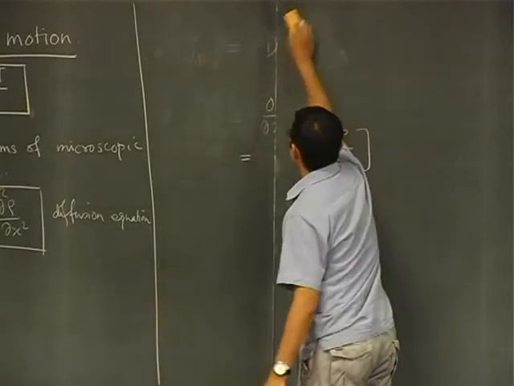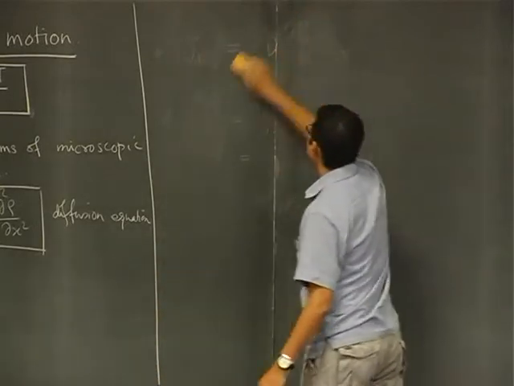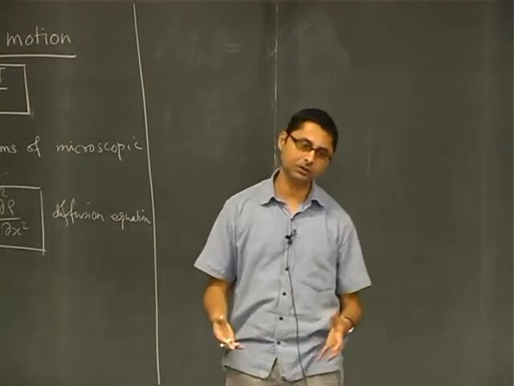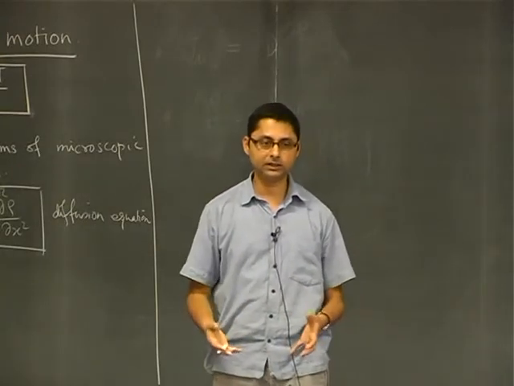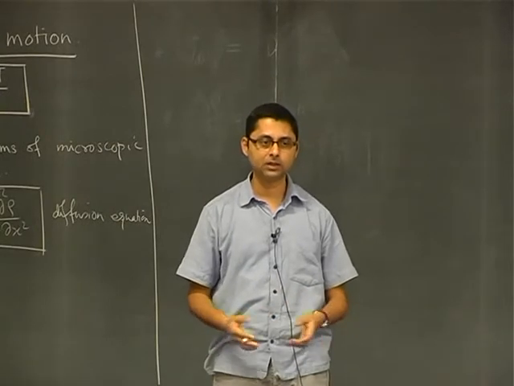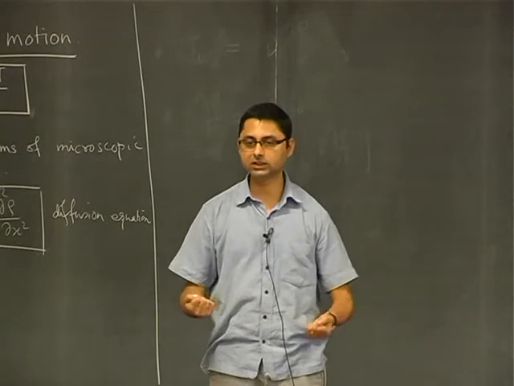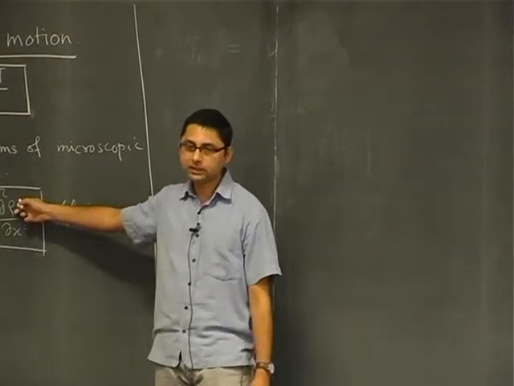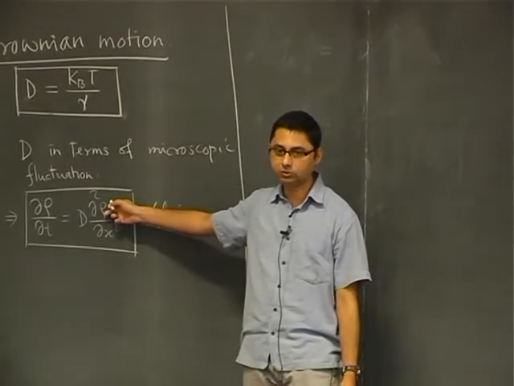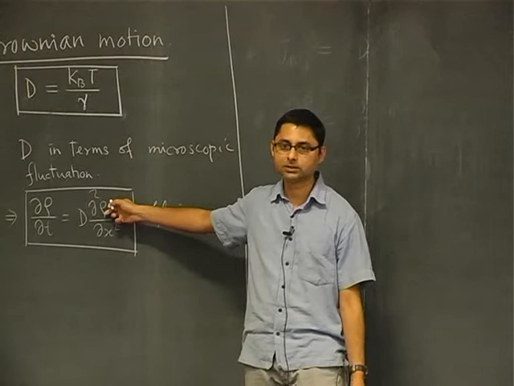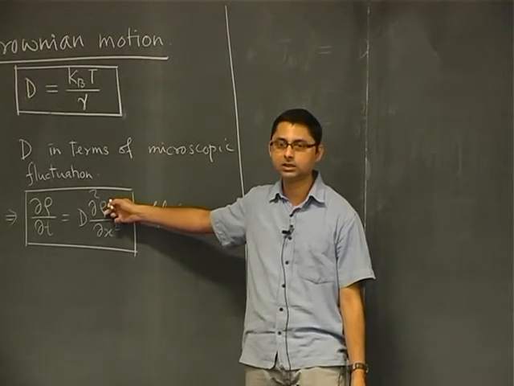So now if you have Brownian particles, lots of Brownian particles, and these are non-interacting, right? If you have a dilute gas, you can treat them almost like non-interacting. Non-interacting means they don't see each other, right? So then the density is equivalent to the probability density, right? Is this statement clear?